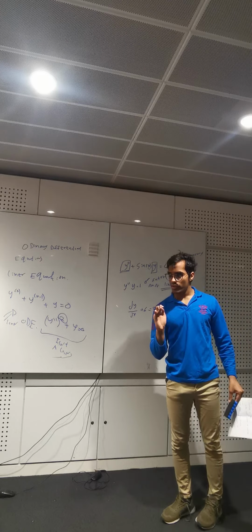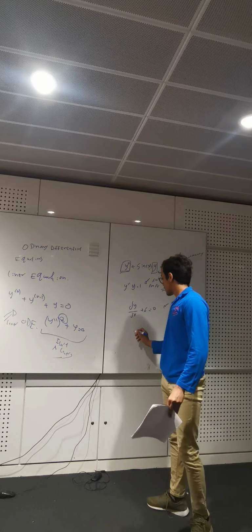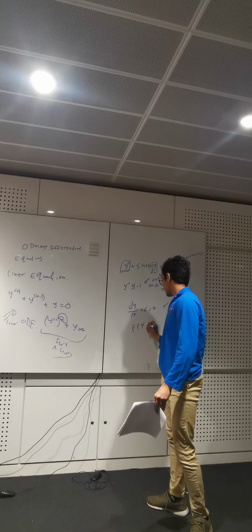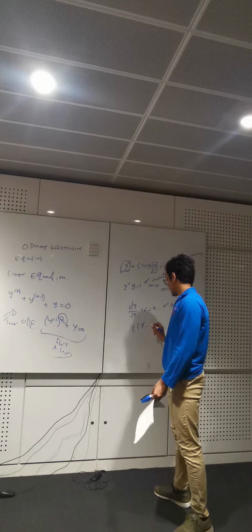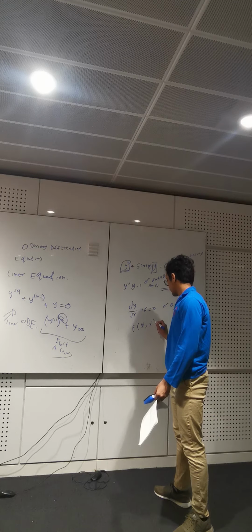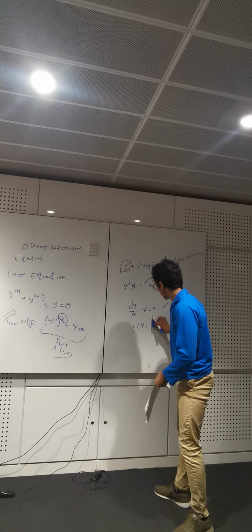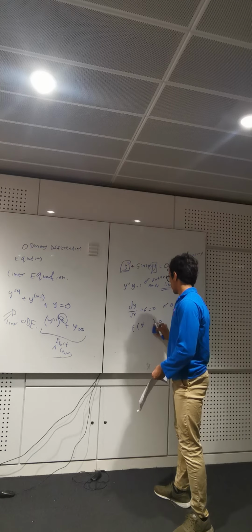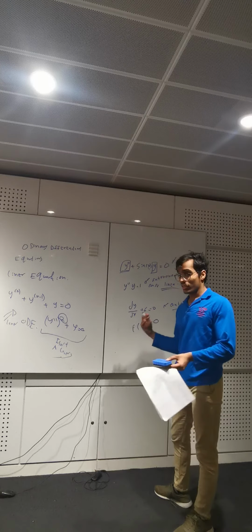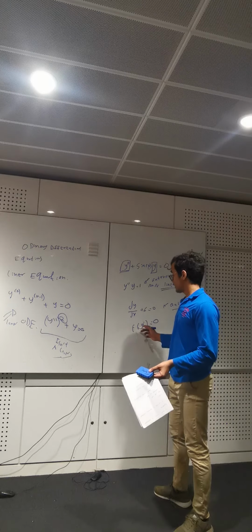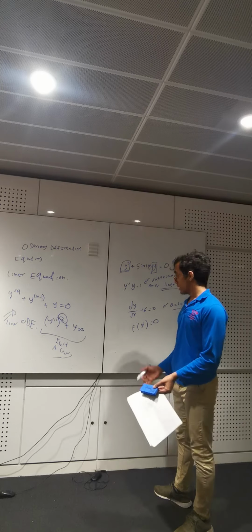For example, this one we can write as a function of the first derivative, or just a function of y prime, equal to 0. We don't have to write x because the function would just be y prime plus 6.